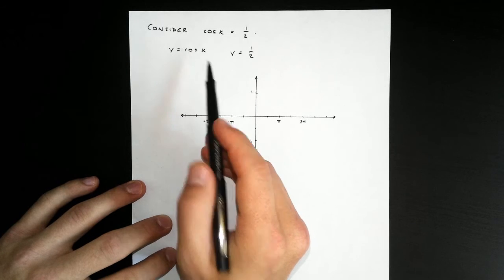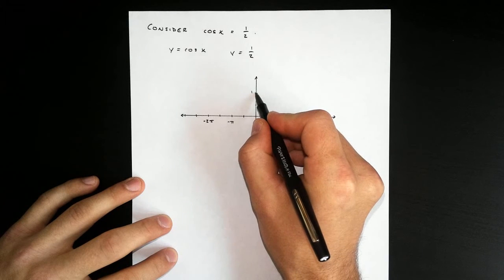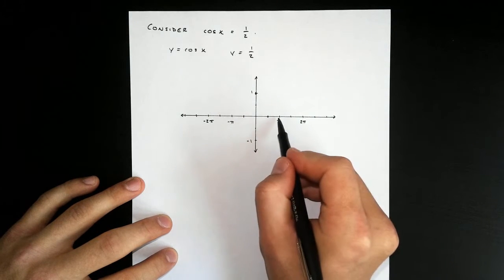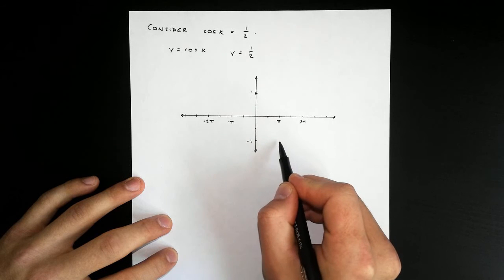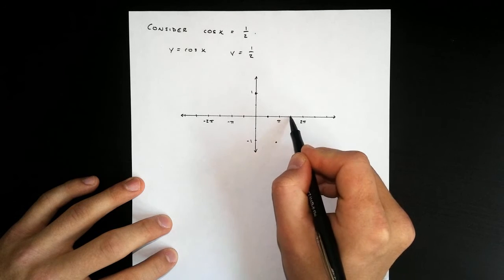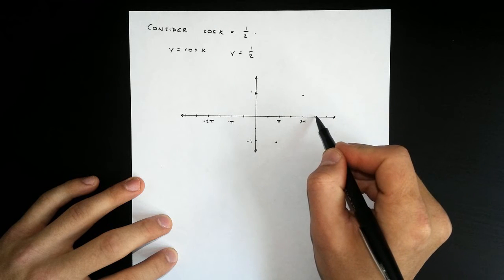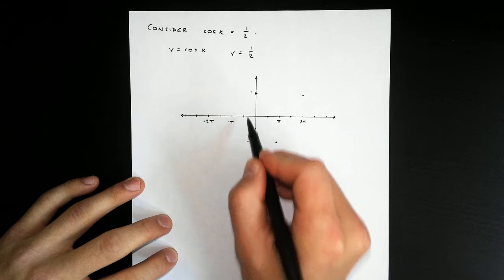So y is equal to the cosine of x. So that starts up at 1. And then, let's see, so then we go down to -1, back up to 1. So here's 1 period. And then I'll just go the other way as well.